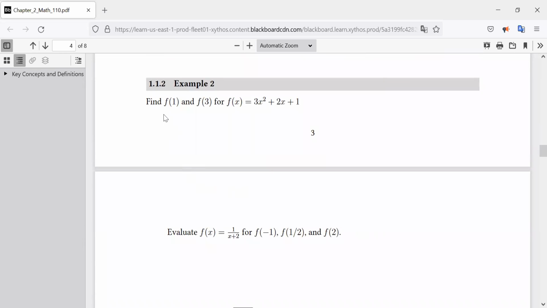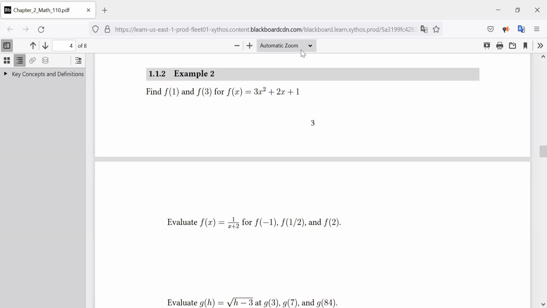So find f of 1 and f of 3 for f of x equal to that. So what would they be? For f of 1, it would be 3 times 1 squared plus 2 times 1 plus 1. Yep. And that is just going to be equal to 3 plus 2 plus 1, which is 6, right?